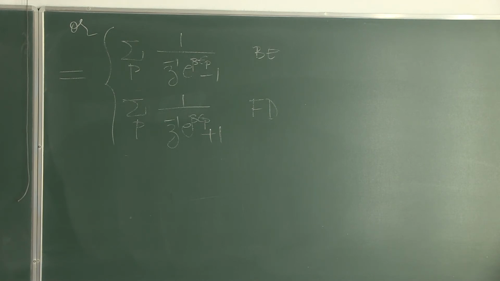So here's the average energy. It is defined as minus del Q del beta, keeping Z and V independent variables constant. Okay?